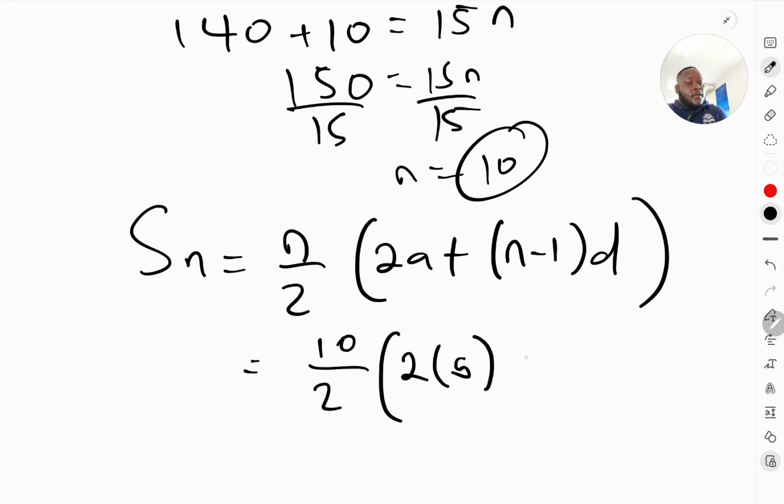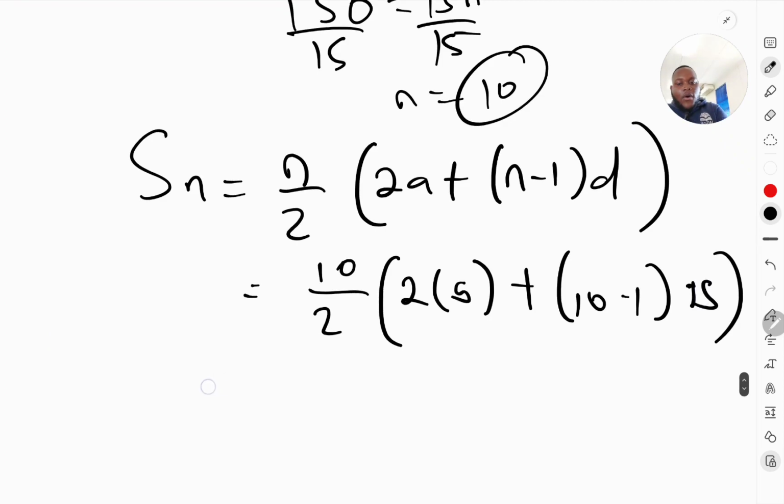It is 5, plus (10 minus 1) multiplied by the difference, which is 15. Therefore, what sum does it give me for those that are divisible by 5? So I'll say 10 over 2 multiplied by 2 times 5 plus (10 minus 1) multiplied by 15.